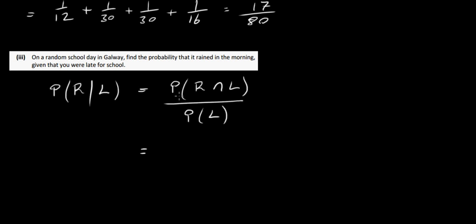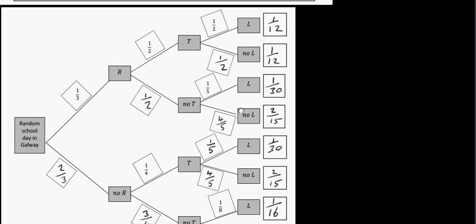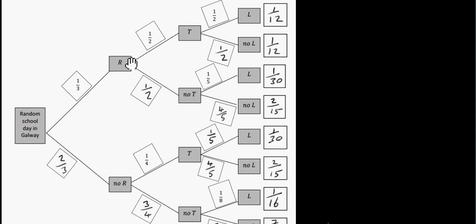So the top line then is the probability of raining and being late. So let's have a look at our diagram again. Well, this is raining up here, and there are 2 possibilities of being late when it's raining. We can go up along here, we can go up along here. So it's this and this.